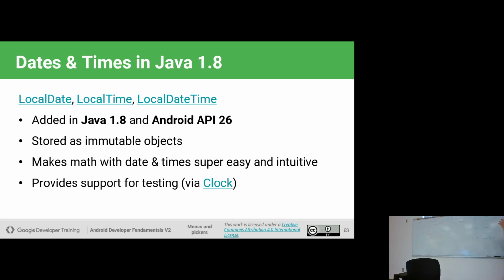So I can use the clock to change what the current time is. That's the upside of it. It makes it a lot easier to test code that's based on the current time because I can fake it. I can put it at whatever time I want instead of being forced to have it be the current time. So that's really helpful for testing.